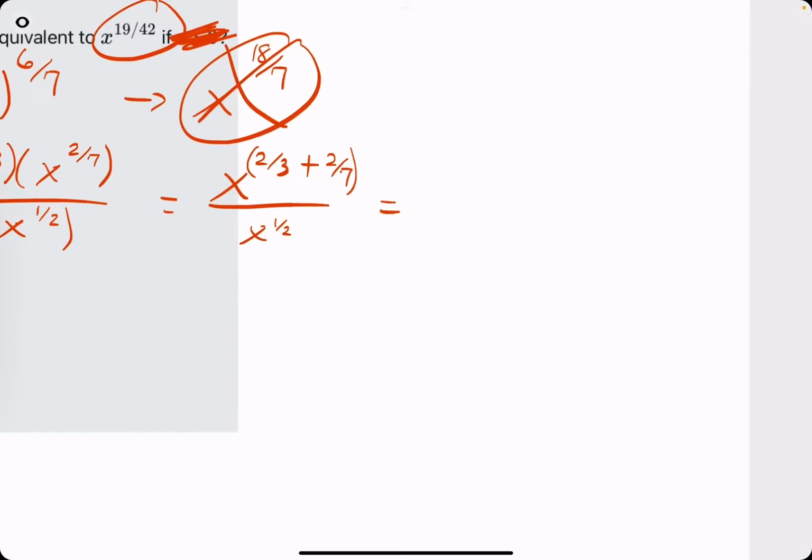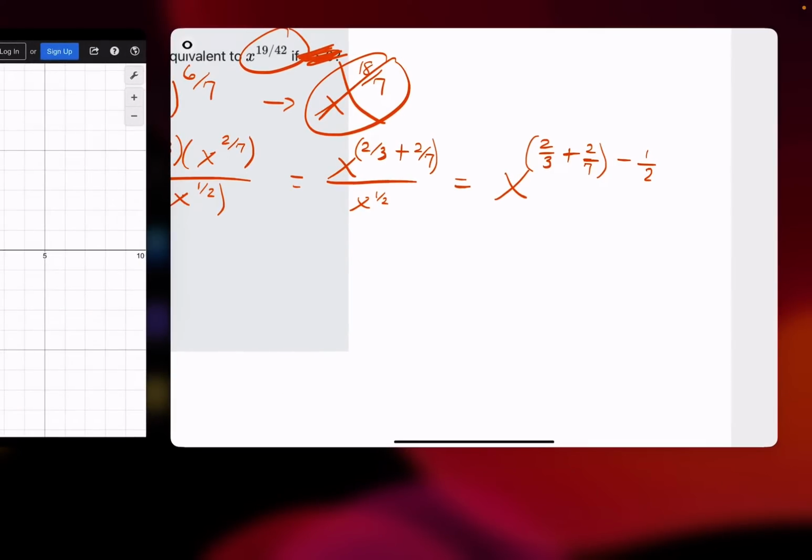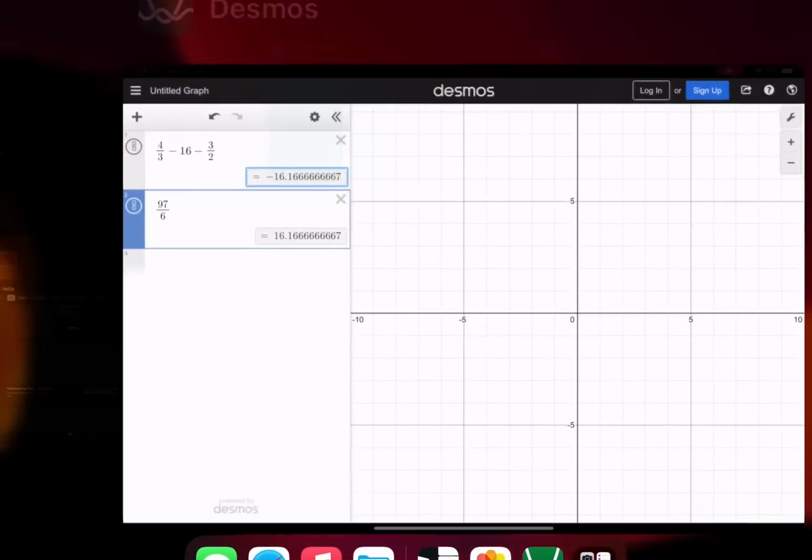Now let's go ahead and just keep simplifying this. When we have x terms divided by one another with different exponents, we subtract their exponents. So it'll be 2/3 plus 2/7 for the first exponent, and then we're subtracting the denominator's exponent of 1/2. Let's use a calculator for this. So 2/3 plus 2/7 minus 1/2.